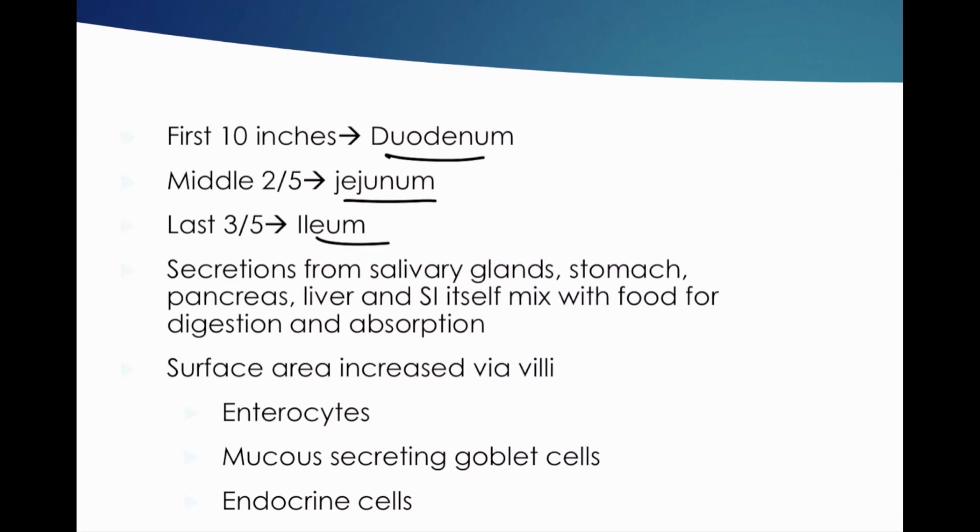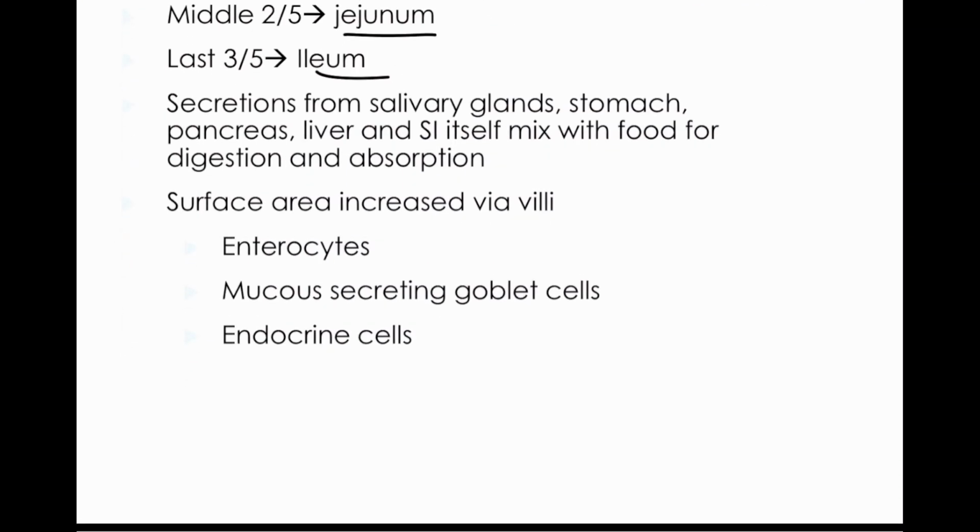Secretions from all your salivary glands, remember that liquid you produce in the mouth, plus stomach juices, pancreatic juices, and liver juices are all mixed in the small intestine for digestion and absorption. Surface area is increased via villi in the enterocytes, mucus-secreting goblet cells, and endocrine cells. Whenever you see goblet cells, think of mucus. They're the ones who create the mucus that helps the lining.